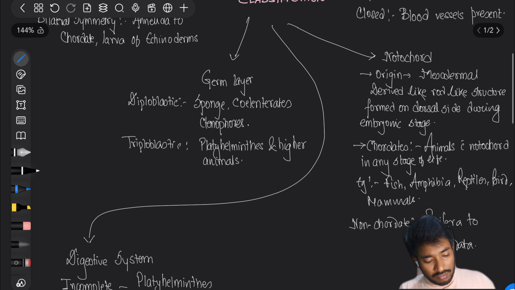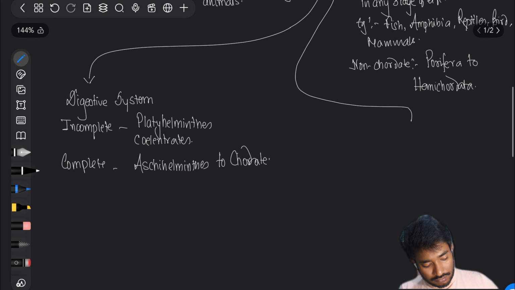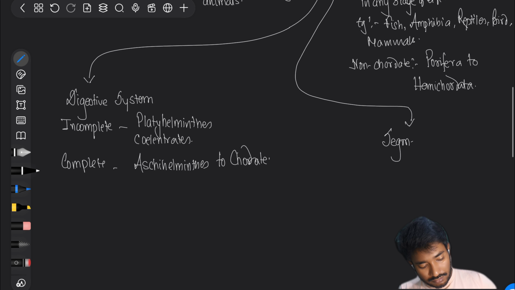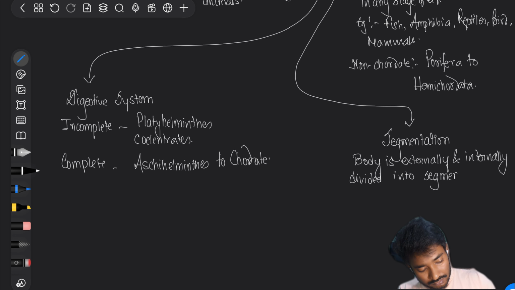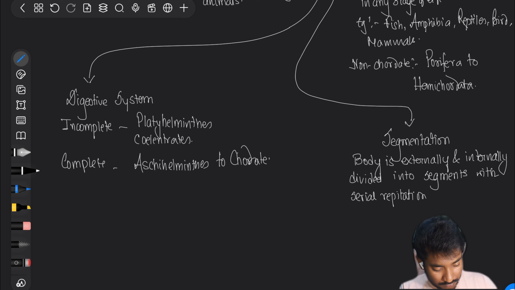Okay. Now come to segmentation. The body is externally and internally divided into segments with serial repetition of at least some organs.